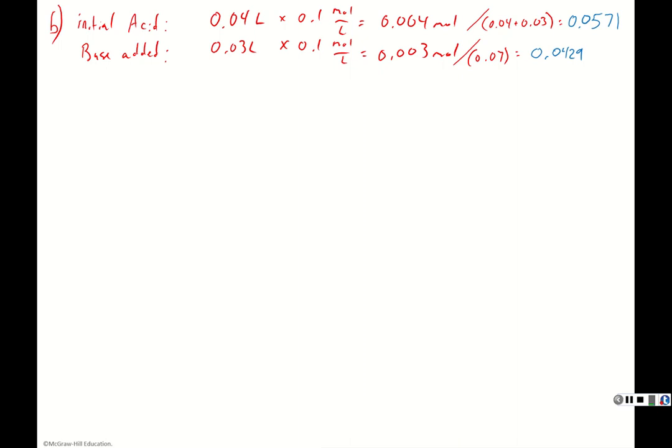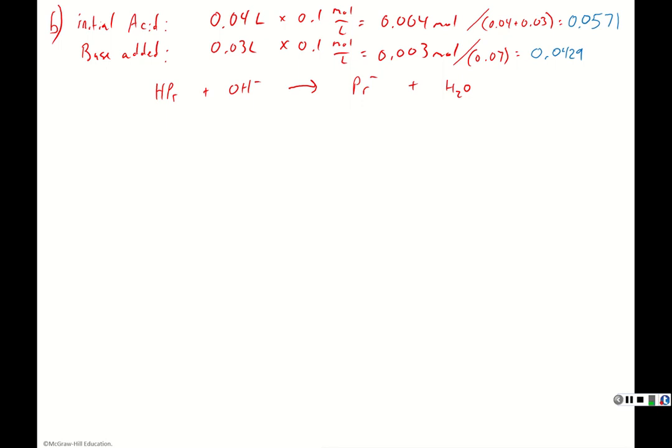Okay, now we can write our reaction that's occurring. So when we add base to that solution of weak acid, we're adding OH minus, strong base, it's going to be reacting with some of that weak acid to convert it into its conjugate base.